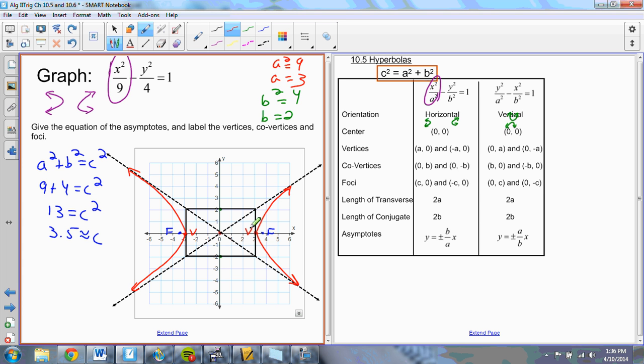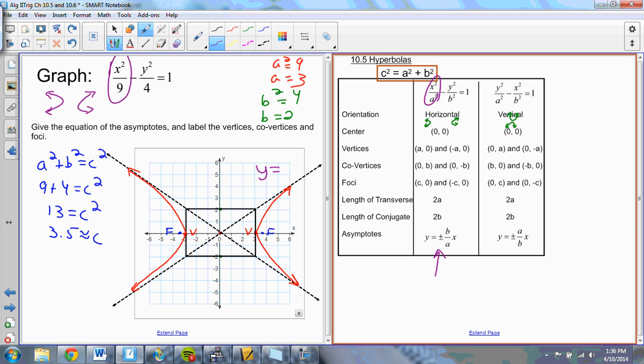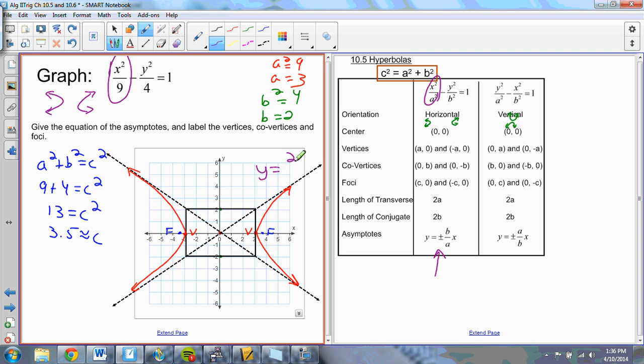What's the equation of the asymptotes? Good start. y equals plus or minus 2 over 3 x. We're doing this one here, and b is 2. So this one's 2 over 3 x, and this one's negative 2 over 3 x.